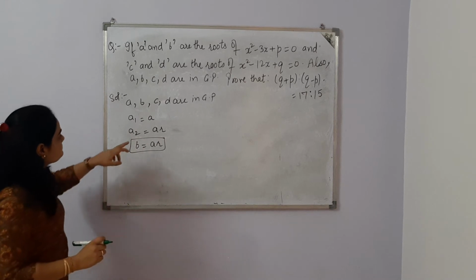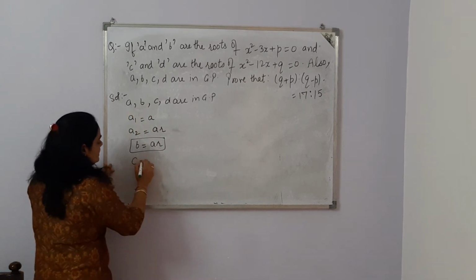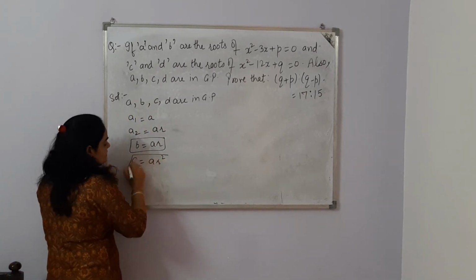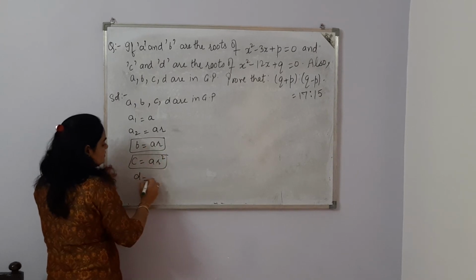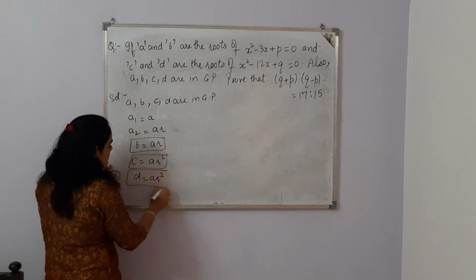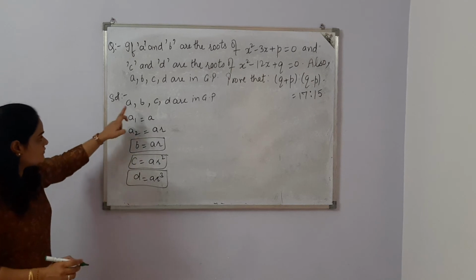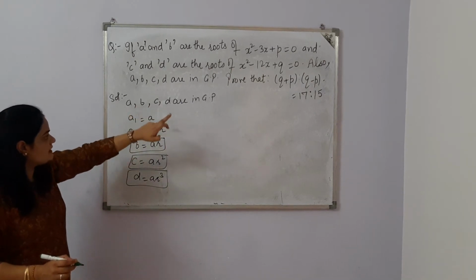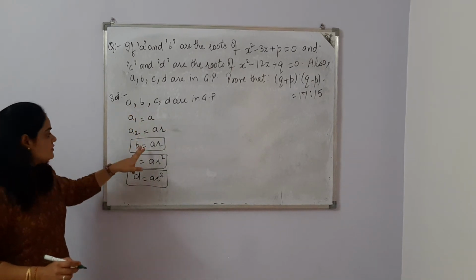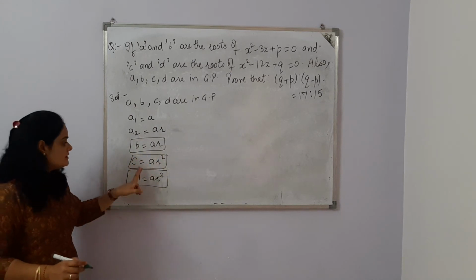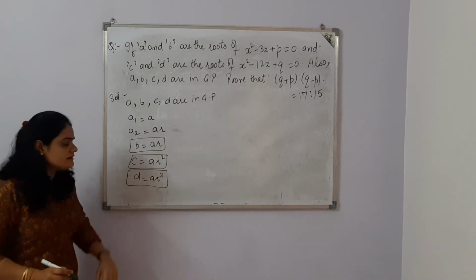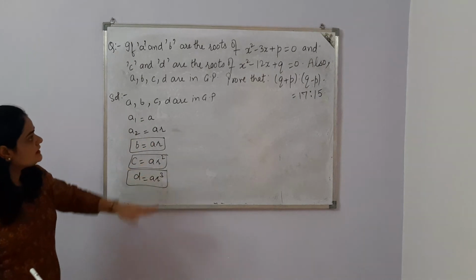Third term is C, which I can write as AR square, and D is the fourth term, which is AR cube. So we have the four terms A, B, C and D, which are in GP.